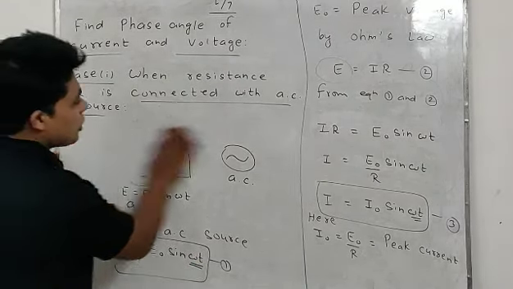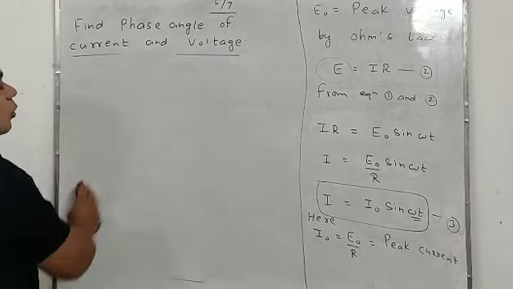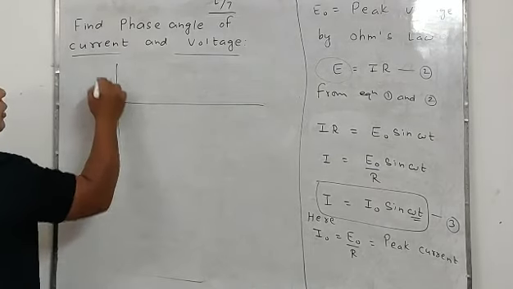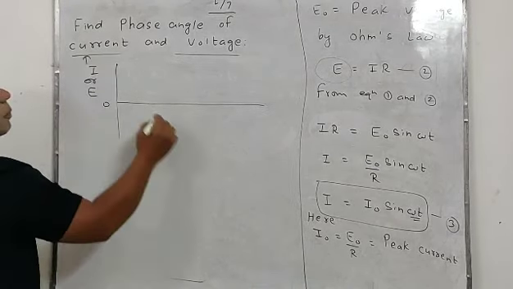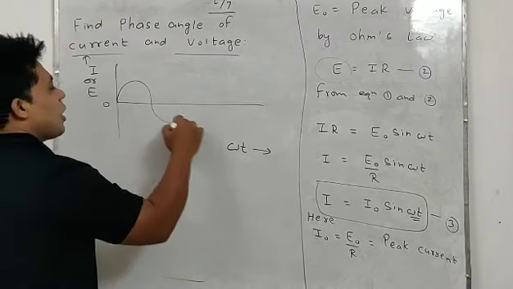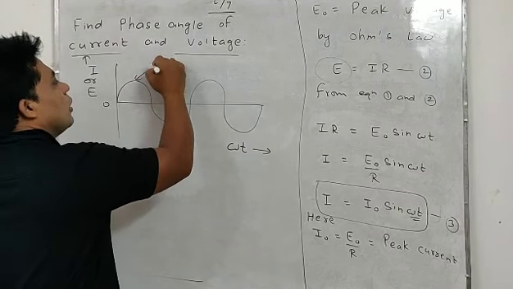Now students, I am going to remove this portion to make a graph. Look students, both have the same phase angle. Here I will take I or EMF combined, and here we'll take phase angle omega t. This graph is representing the EMF.